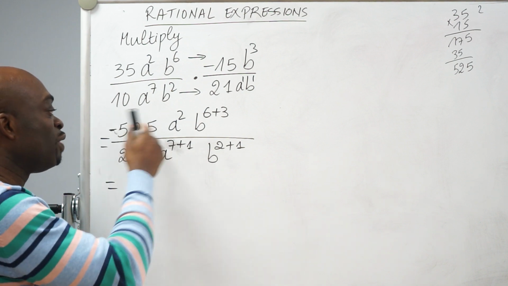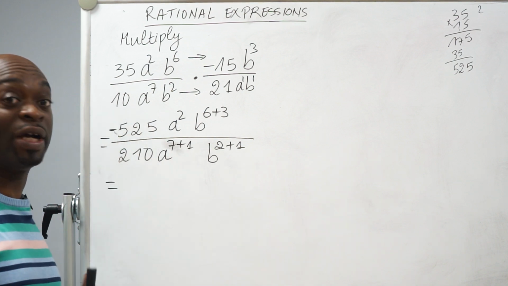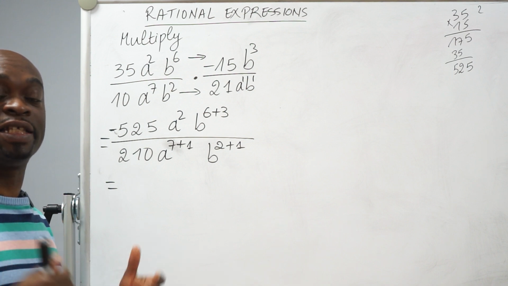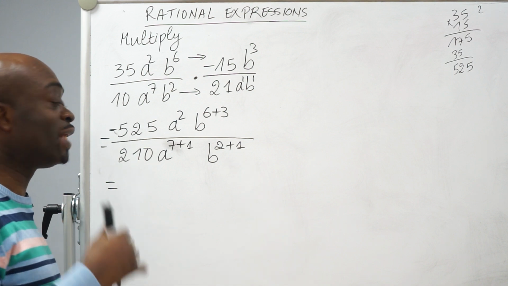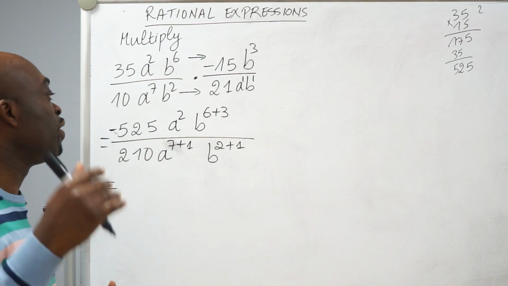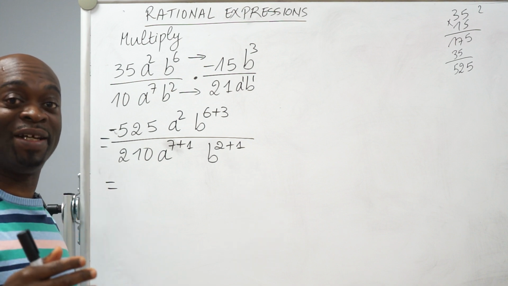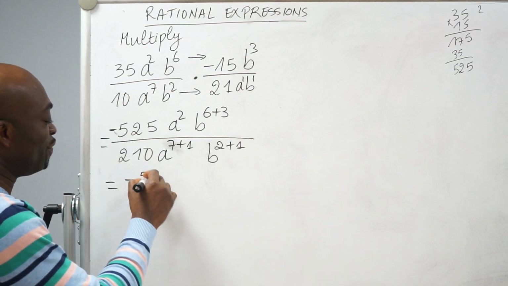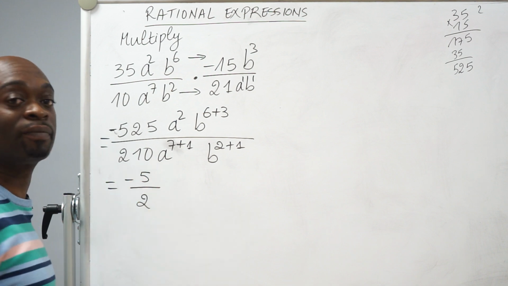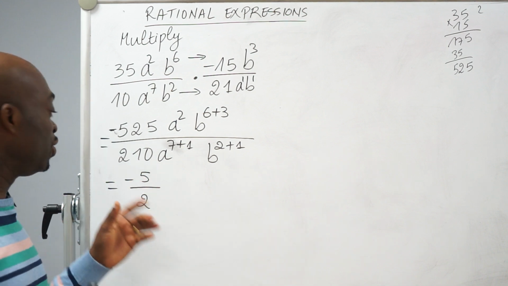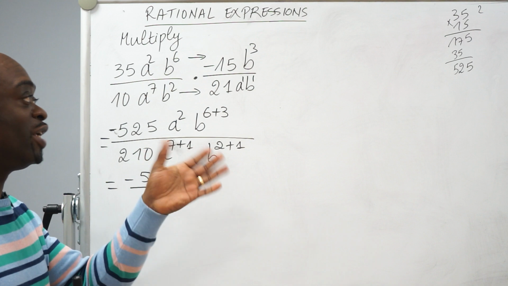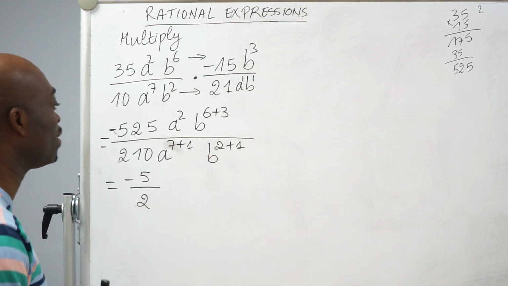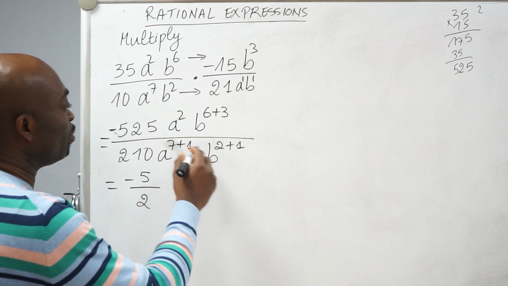After that, you get going. I give you an assignment to do that on the side, but the answer here is going to be negative 5 over 2. After working it out, you're going to get negative 5 over 2. So we don't need to do all these problems here.